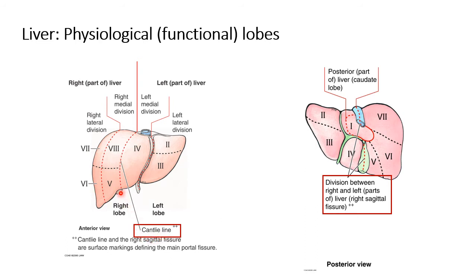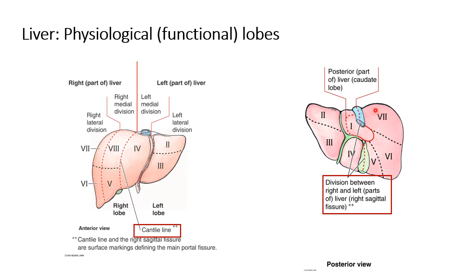It is a line that passes from the fundus of the gallbladder to the inferior vena cava. So this is the line that divides the liver anteriorly into right and left physiological lobes.